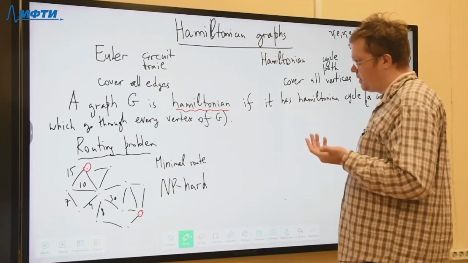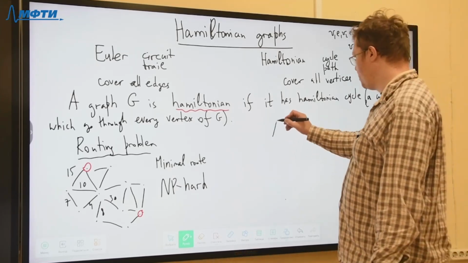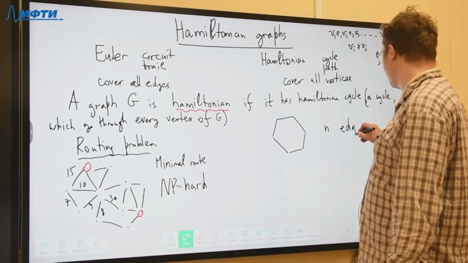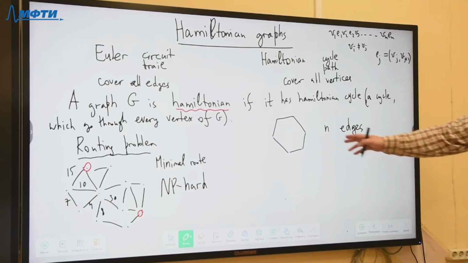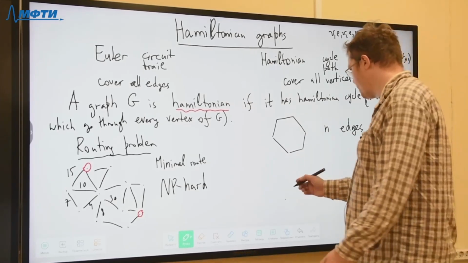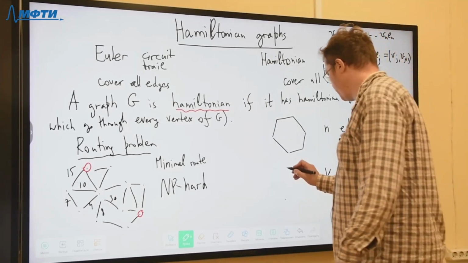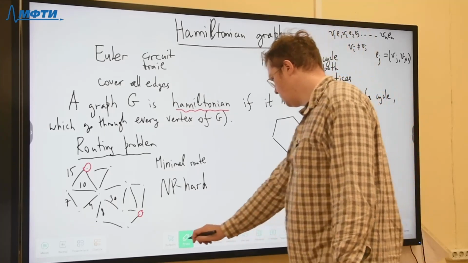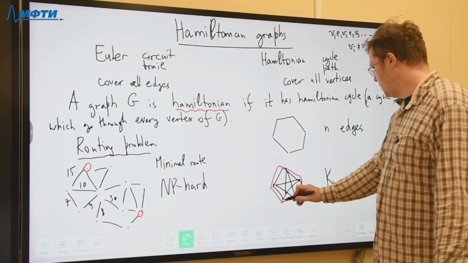Maybe you think that it is connected to the number of edges in our graph, but the simplest Hamiltonian graph is just a cycle, and it has n edges. So if we have n vertices, of course we have a cycle. So the lowest bound for a graph to be Hamiltonian is to have n edges. And the maximal number is the complete graph Kn, which of course has many different Hamiltonian cycles, for example this one or this one.